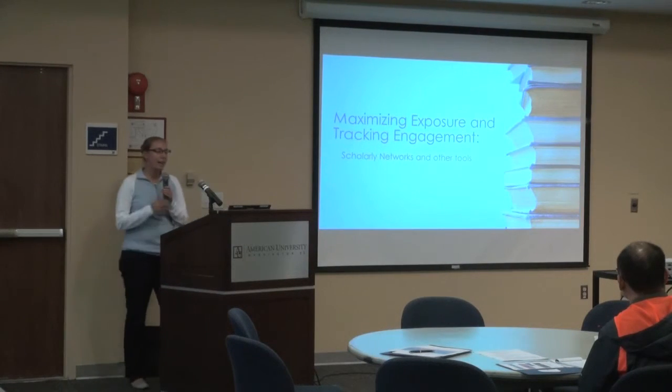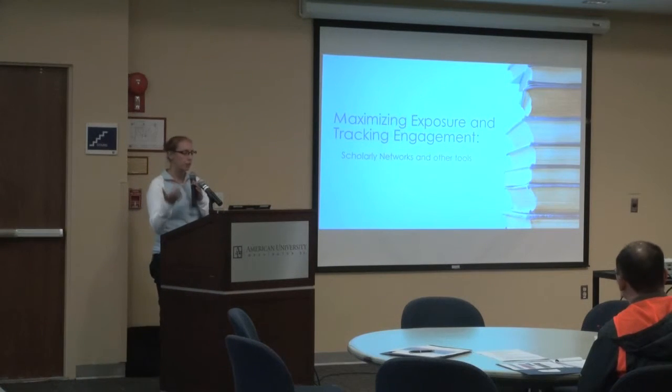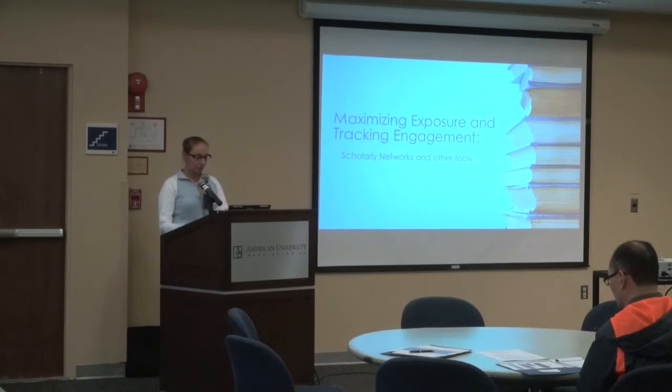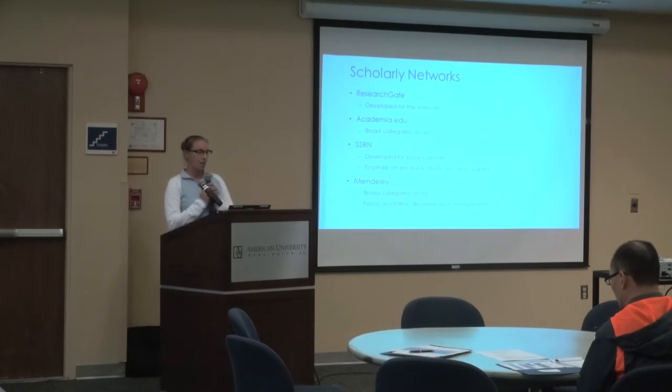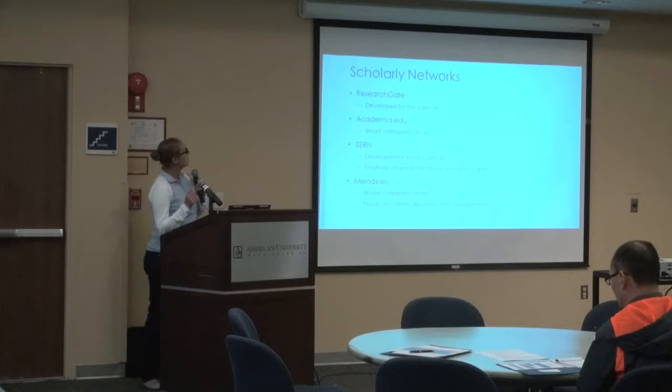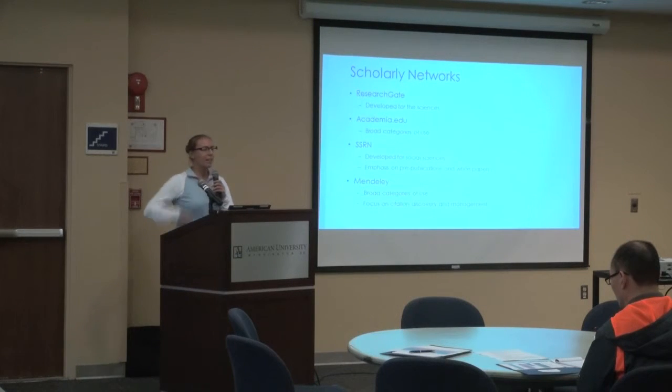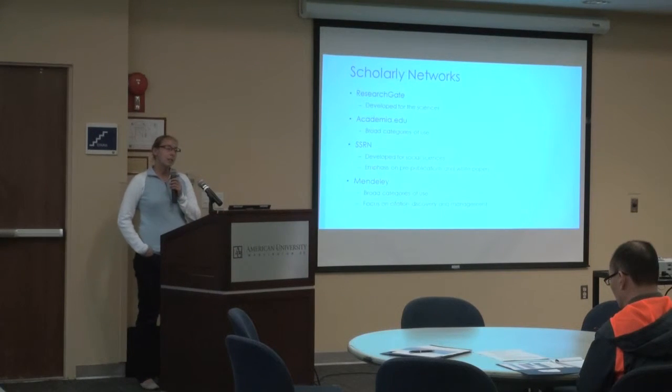Okay, and finally, once we're at the stage where you're applying for tenure, promotion, or grants, how do we track all of these wonderful metrics? So one thing, and this kind of bridges the gap between disseminating your work and tracking your work, is scholarly networks.